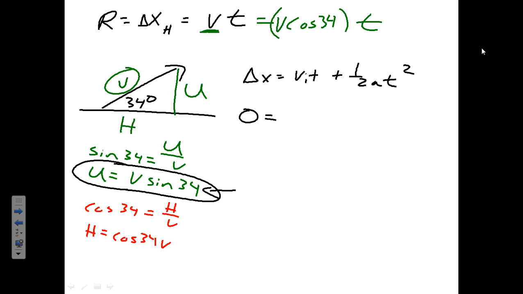The initial vertical velocity, that's what that is. So let's plug that in for VI. V sine 34 times T plus A is what? Negative 9.8. So I'm just going to go ahead and go 1/2 times negative 9.8 and get 4.9. Everybody with me on what I've done there so far?